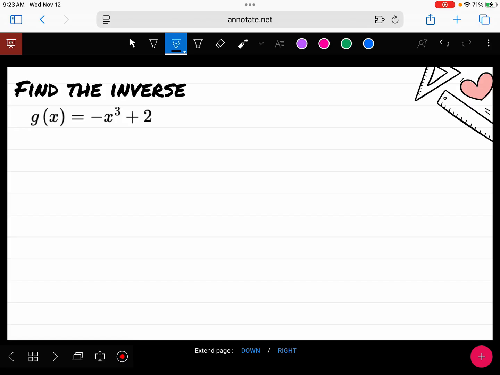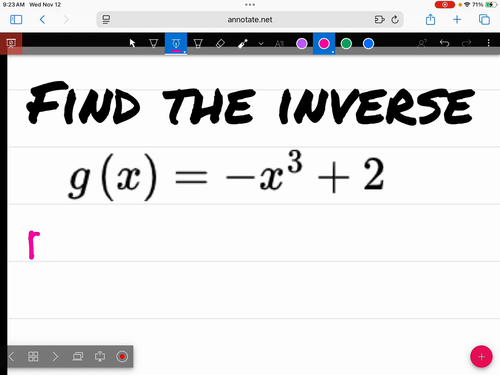Here we've got g of x equals negative x cubed plus 2. What's our domain on this one? Odd degree means our arrow's going opposite directions anyway, so it's going to be negative infinity to positive infinity.